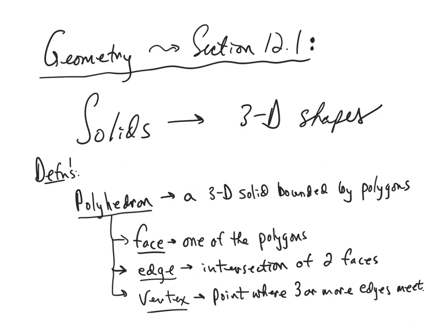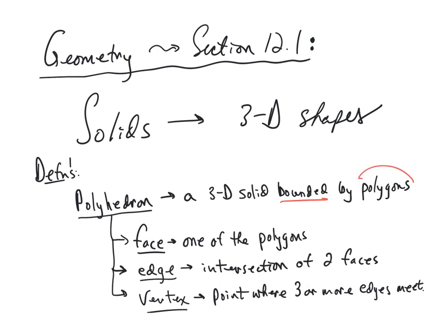All right? Now we'll start with a couple of definitions just to get ourselves going a bit here. We've got four definitions. First, polyhedron. A polyhedron is a three-dimensional solid bounded by polygons. And when we say the word bounded, bounded just means that the outside shapes that make up the solid will be polygons.